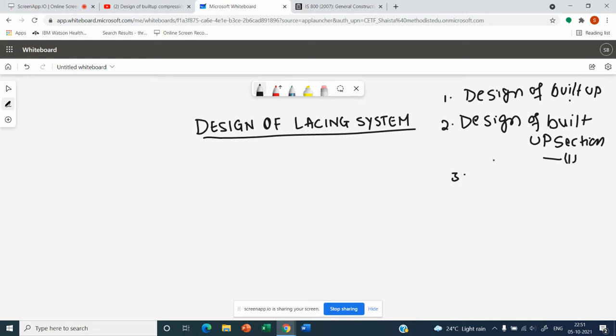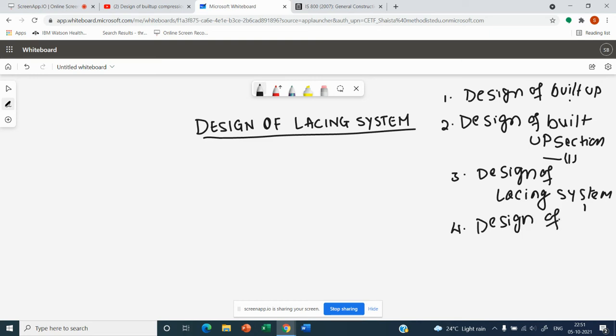Then the third part, design of lacing system 1, in which I have given all 12 design steps, explaining each and every step. Then this is my fourth and last in the series on the design of laced built-up columns, with the title Design of Lacing System 2.